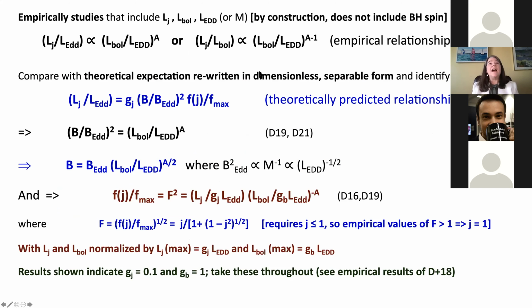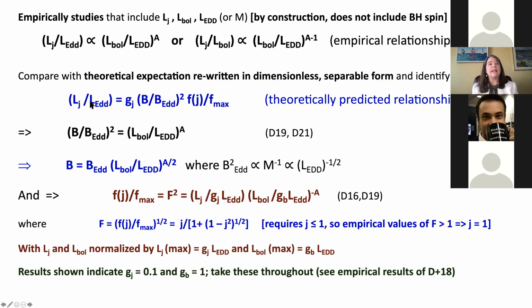All right, so now let's compare the empirically determined relationship, Lj over L ed goes as L bol over L ed to the A, purely empirically determined, no models in that at all, and our theoretically predicted relationship for a spin-powered outflow written in dimensionless separable form. And now we can identify terms.